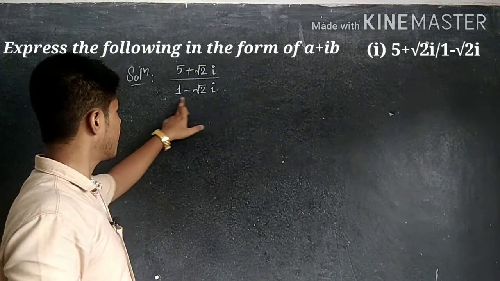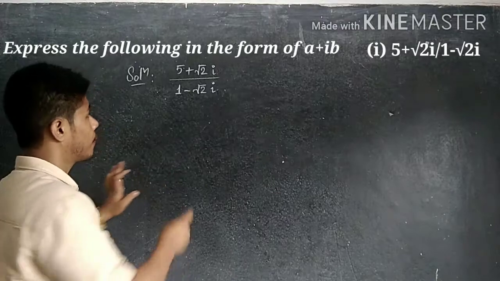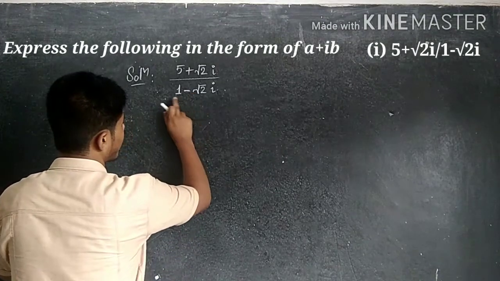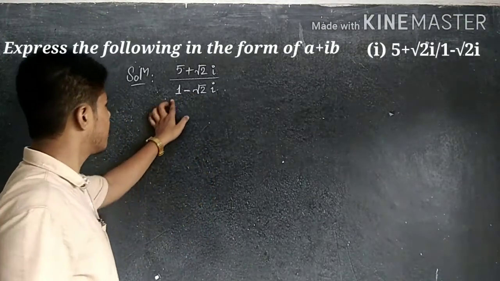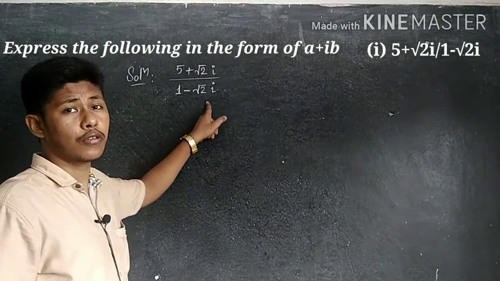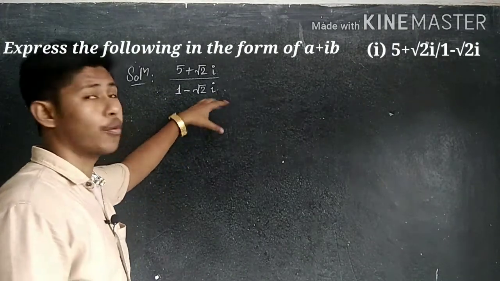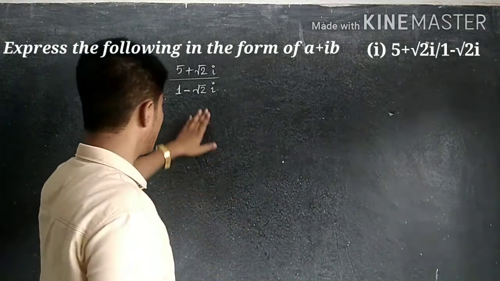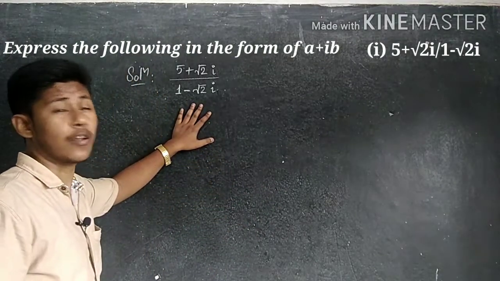So first of all, you see here in the denominator there is i, so obviously we have to multiply it by its conjugate. If we see i in the denominator, its conjugate is what we multiply by, and whatever result comes up is fine, but in the denominator we have to eliminate i.